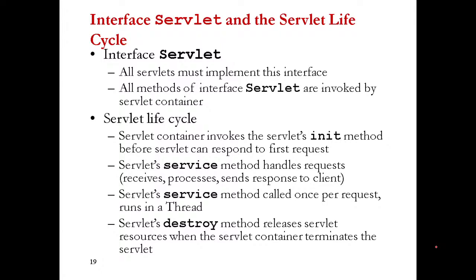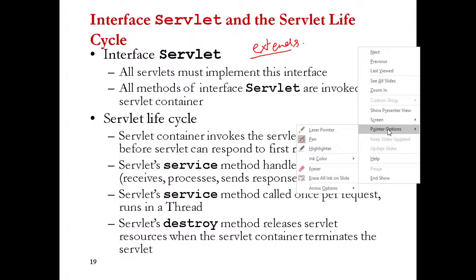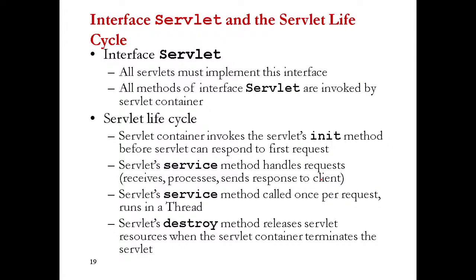In Java, everything is either extended or implemented by a class or interface. If you have a class, then you have to extend it from the base class. But in the case of servlets, we have interfaces, and the major interface name is Servlet.